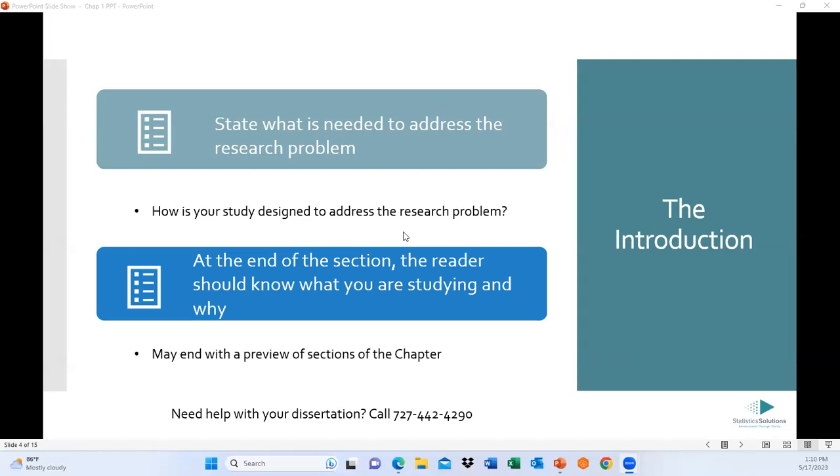If you want, you can end with a preview of the sections to come in the chapter. And check your template to see if it requires anything different, but that's pretty typical for the introduction.